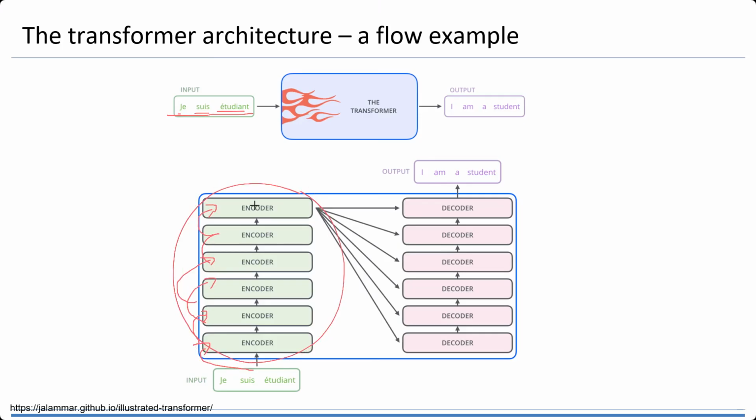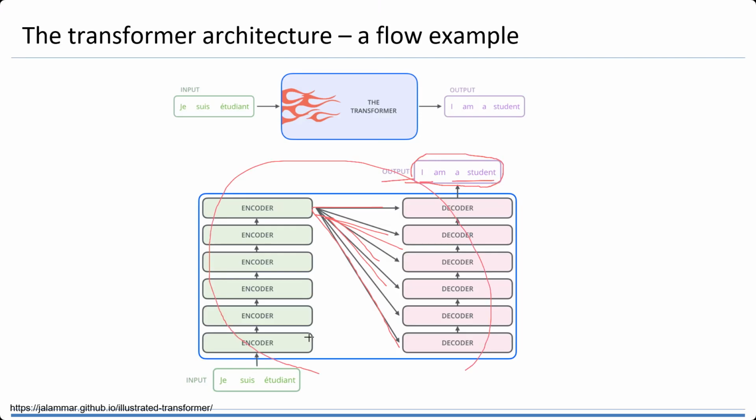After the encoder stack, the output is passed to the decoder until we get the result: "I am a student." So for the transformer, we use the architecture we already looked at. This is just an overview of how the mechanism works.